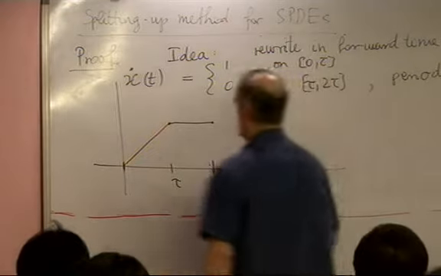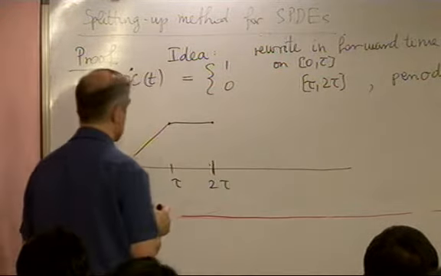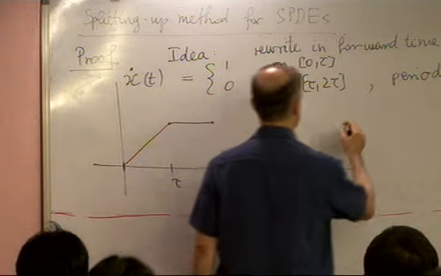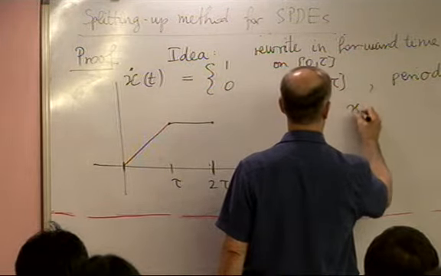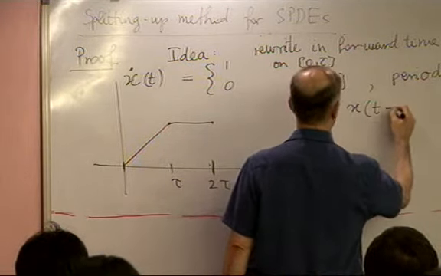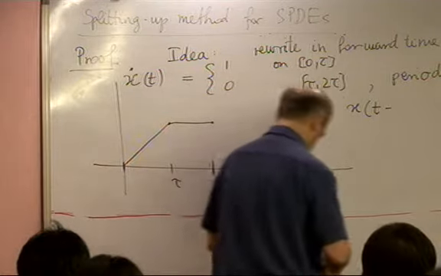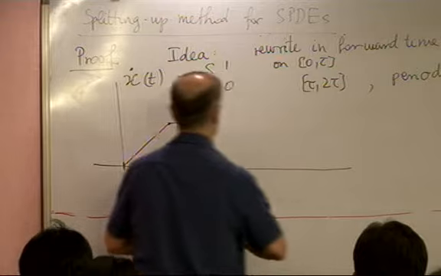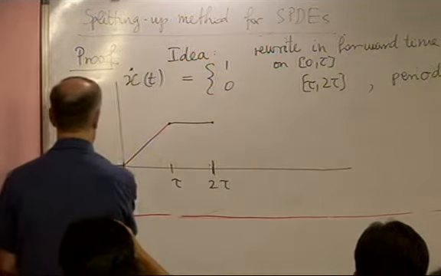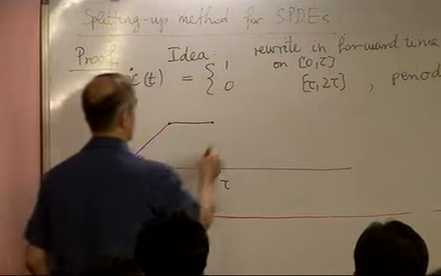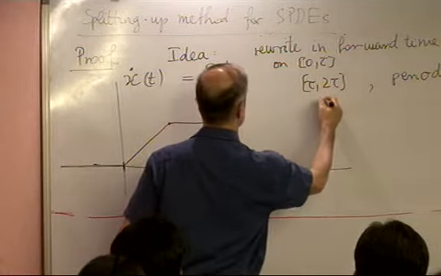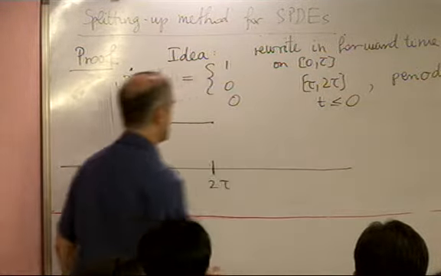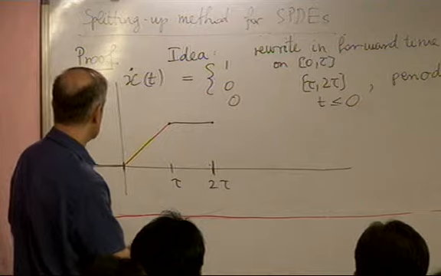Let us consider another scaling, which is kappa of t minus, for the sake of notation, let us consider it 0 in the past, 0 when t is less than or equal to 0.